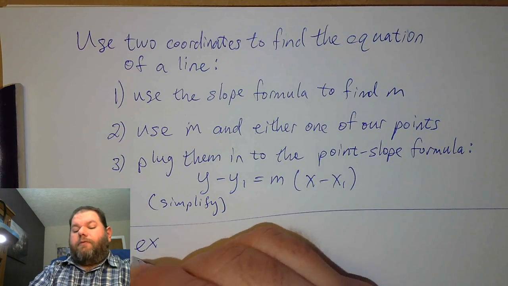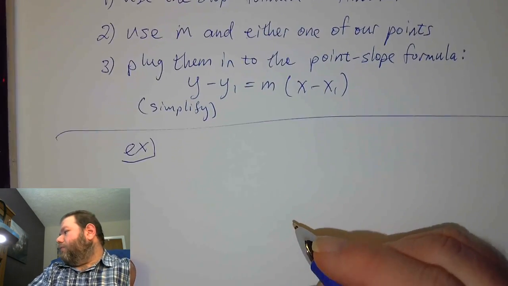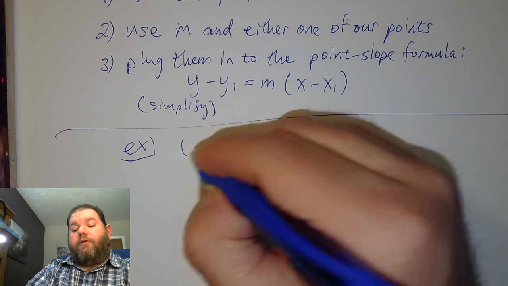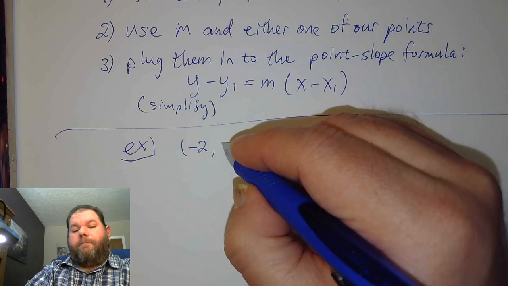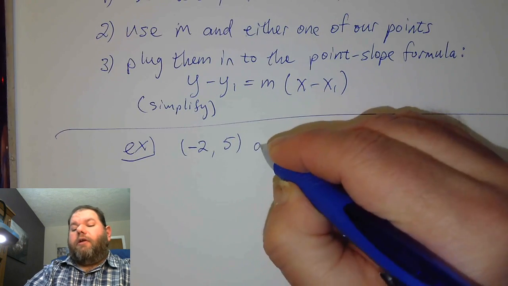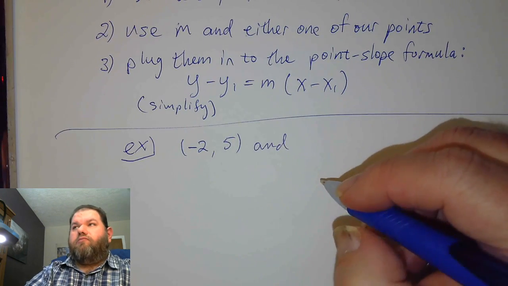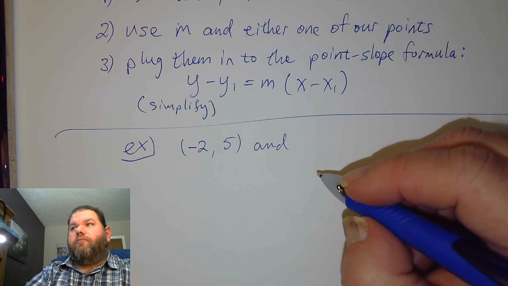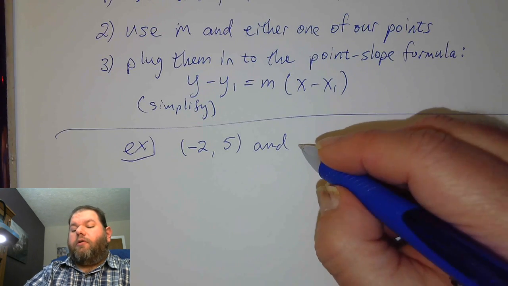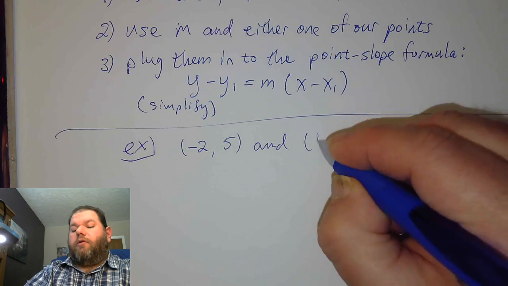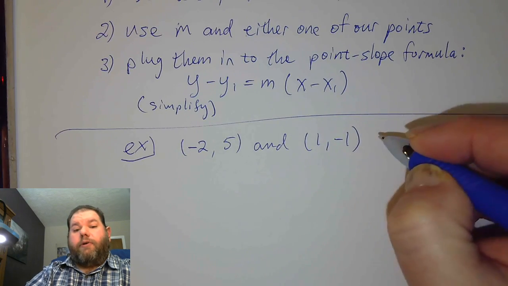So as an example, let's use the coordinates -2, 5 and 1, -1.